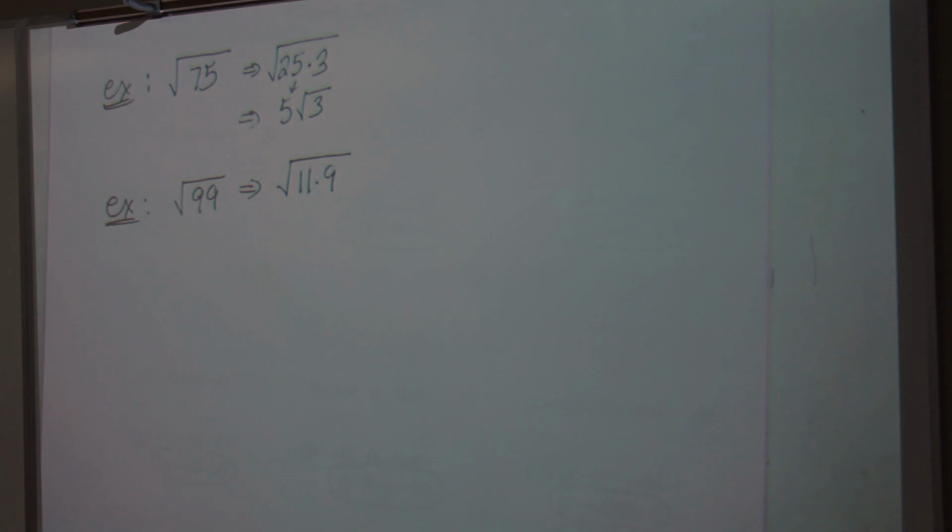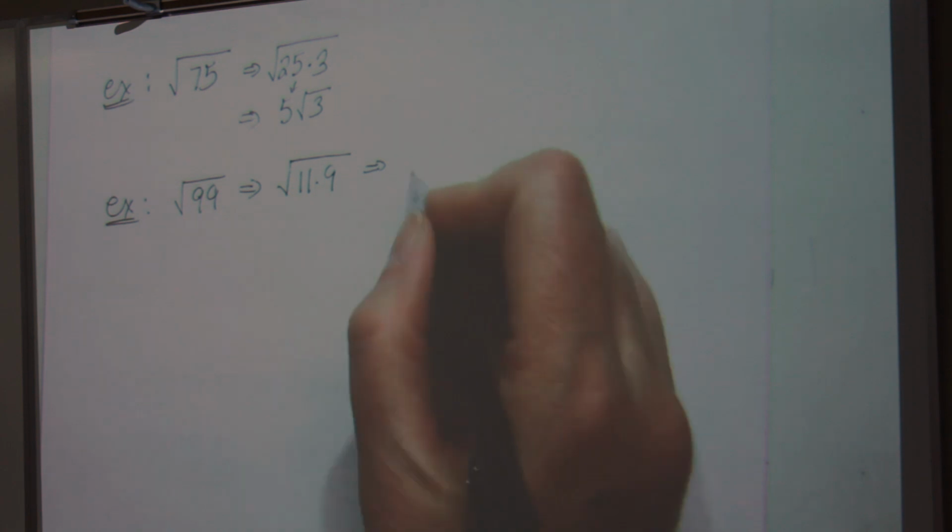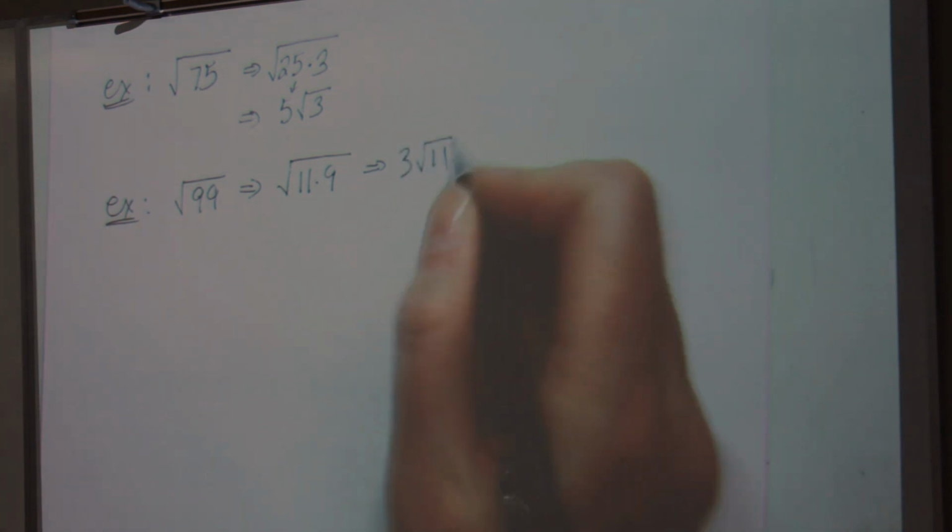Generally, we would have to pick something that has a square fully. Don't think about it too hard. Just go straight for what you see right away. It's got a 9 in it, and an 11. So what's the square root of 9? 3. So this is 3 root 11.